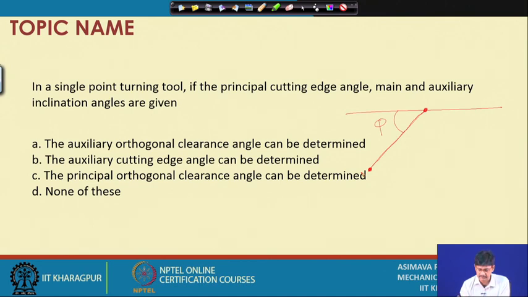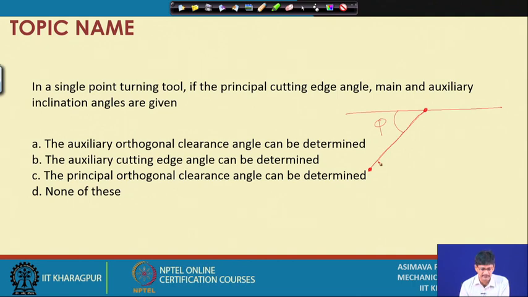Do I know the inclination of the rake surface as a whole? I do not at this moment, because it is only the main cutting edge together with its inclination in a vertical plane.